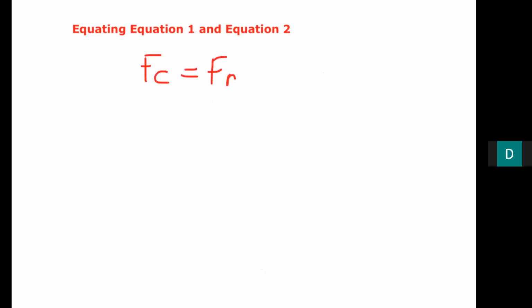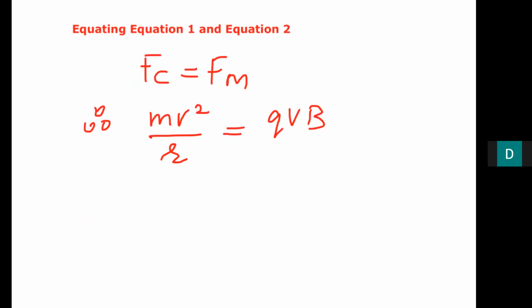Then we will be equating equation 1 and equation 2. So I'll write Fc is equal to Fm. Therefore mv squared upon r is equal to qvb. So that would be mv upon r is equal to qb.